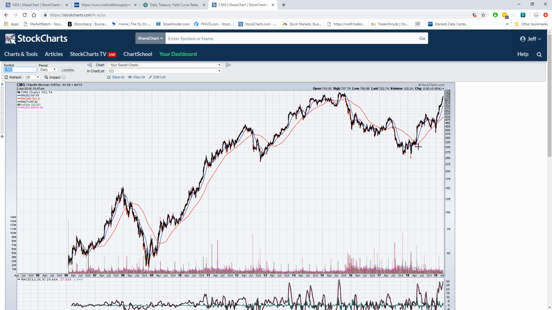Back here in 2018, we saw the golden cross, and we saw the stock push strongly higher, and the 50 has been above the 200-day moving average ever since, as the stock is trying to push up to new highs, as the data continues to solidify and actually improve for Chipotle Mexican Grill. And I think this 50-200 concept is a lot more valid with individual stocks than it is for the overall market here. Okay, so anyway, that's just my take on that.